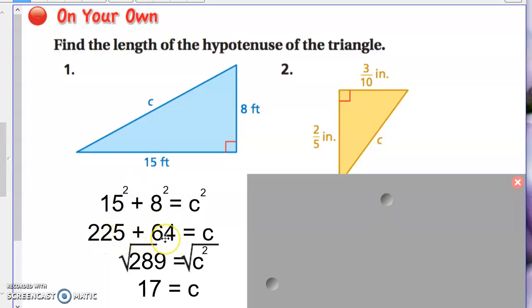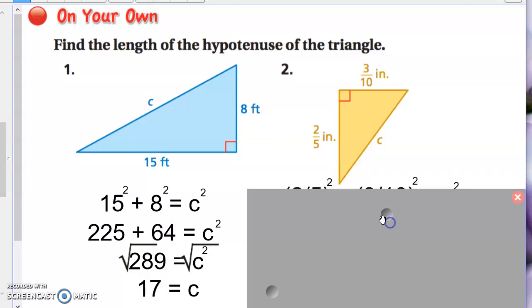I add 225 plus 64 and I get 289, and that's actually what C squared is. There should be a little 2 there, but I forgot to copy that into there. Let's just move it to there, so now it's there. Then I'd square root both sides because that undoes C squared by square rooting it, and that leaves me with 17. So the length of this side here would be 17 feet.